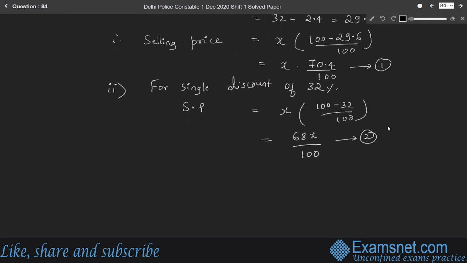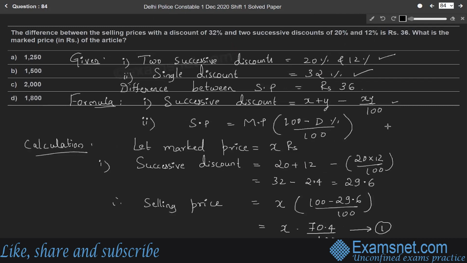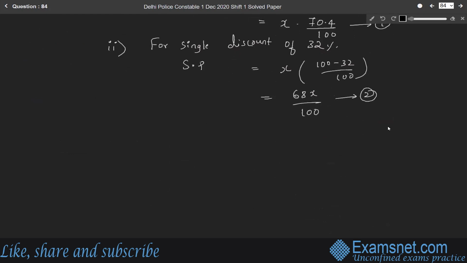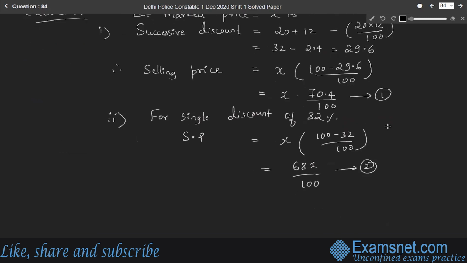Also given that the difference between the selling prices is rupees 36. Let us consider the first selling price as SP1 and the second as SP2.